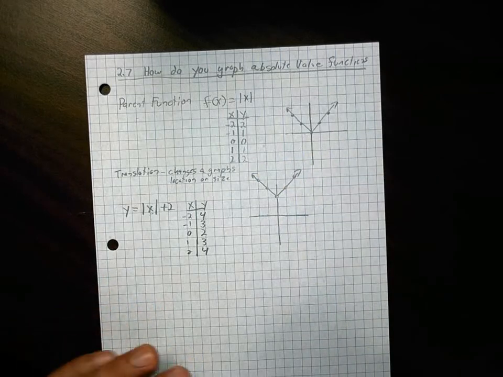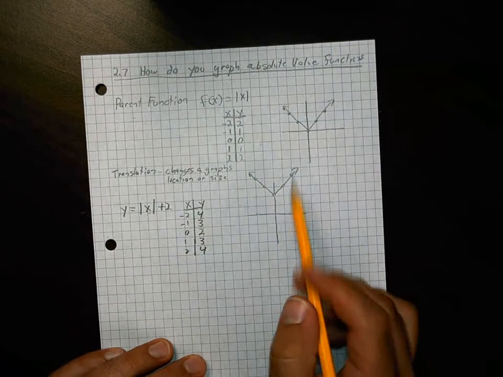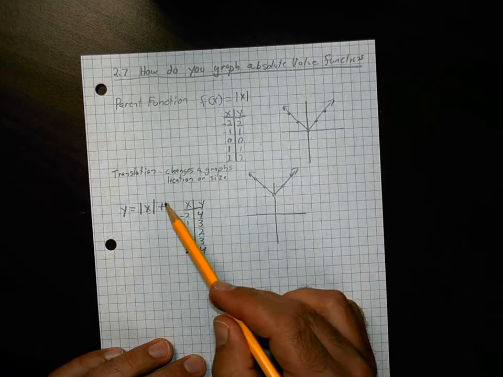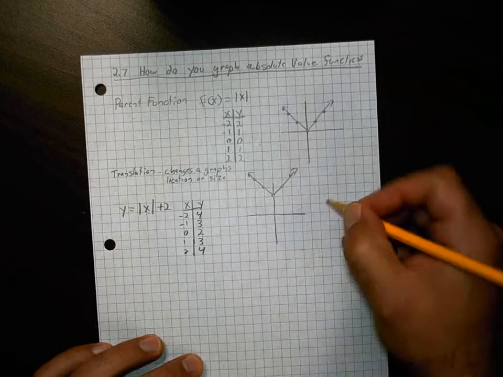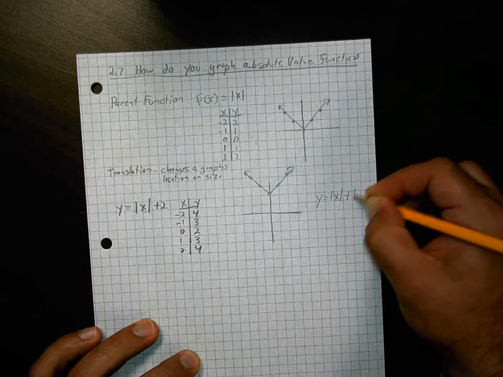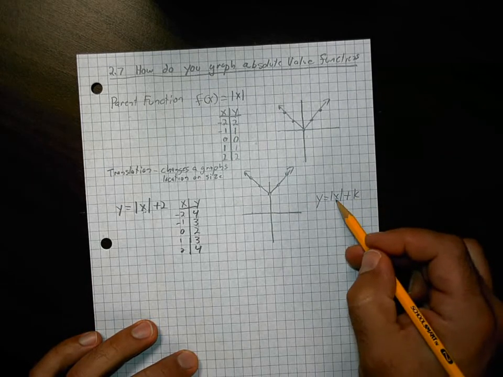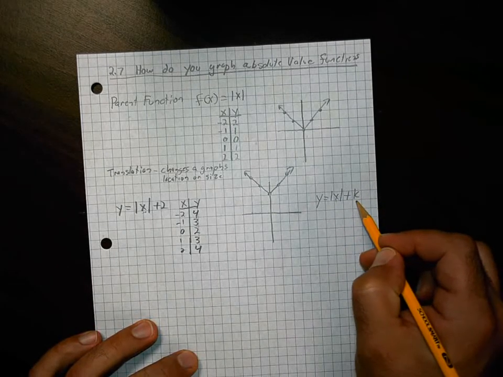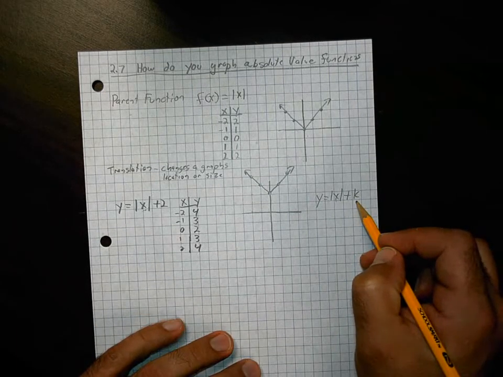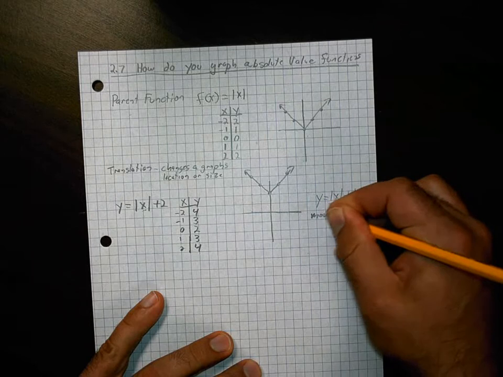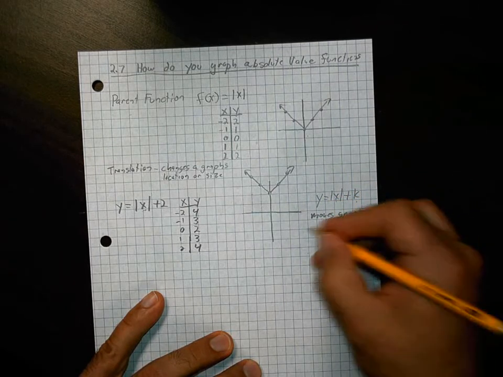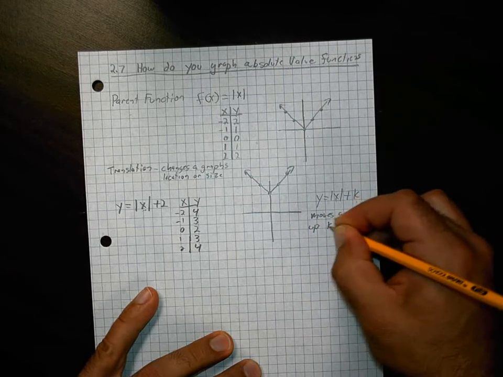How is the graph translated? Well, you can see comparing this one to this one, it was moved up 2, and that was because of the +2 at the end. So in general, if I have a graph of y equals absolute value of x plus some value k, we'll just use k as the variable for a vertical shift, it moves the graph up k units.